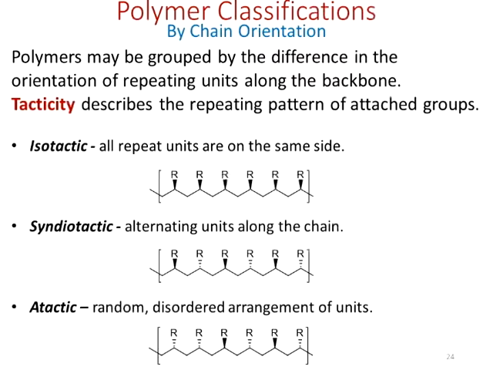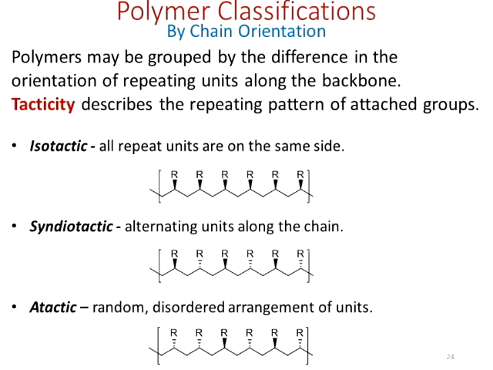You look at the attached groups and the repeating pattern of the functionality on the polymer, and you determine which of three categories it falls in. Isotactic: you have all repeating units on the same side. Straightforward. If they're all on the same side, don't second guess it. It is called isotactic.